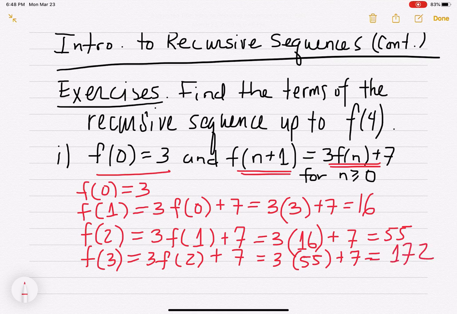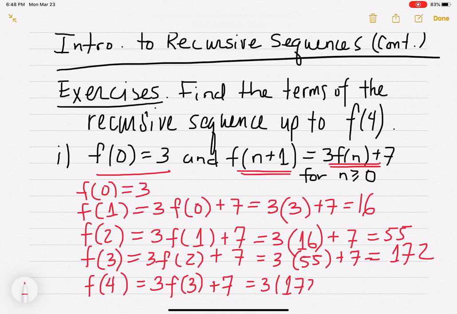And finally, f of 4. F of 4 is 3 times f of 3 plus 7. In other words, 3 times, what was f of 3? 172 plus 7. I don't know what 3 times 172 is. Let me get a calculator here.